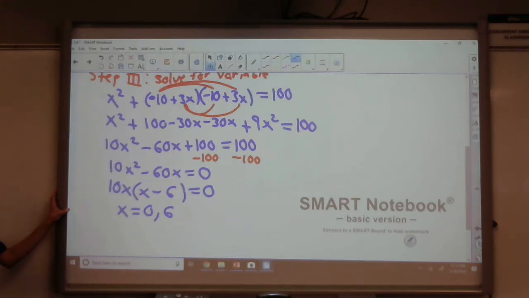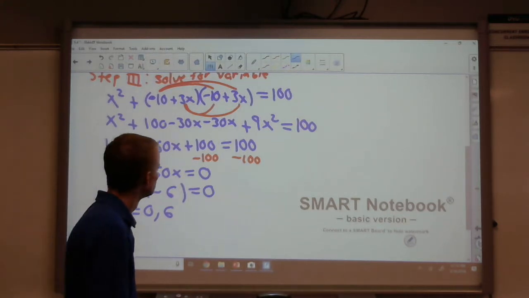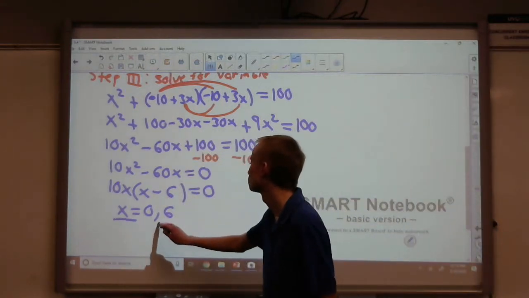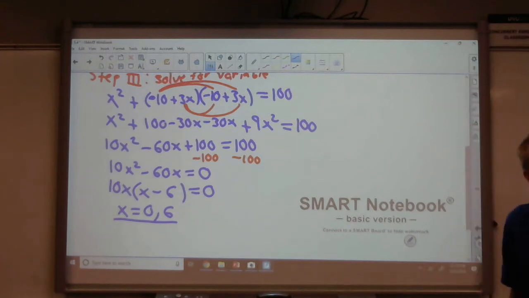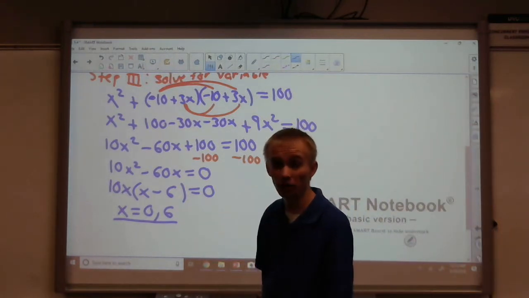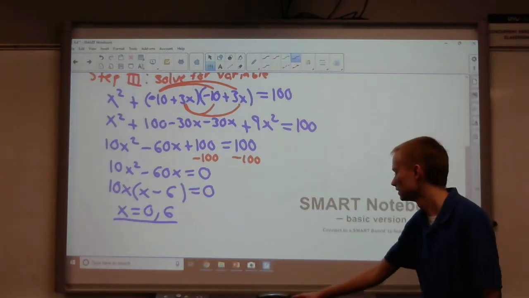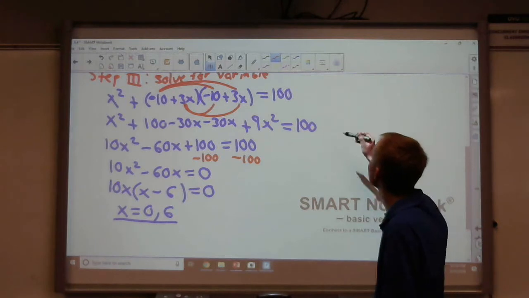So those are my two values for which this could work. So this is one part of our problem, right? But remember, when we find x, we're not quite done yet, right? We still have to find y. So that's our final step.